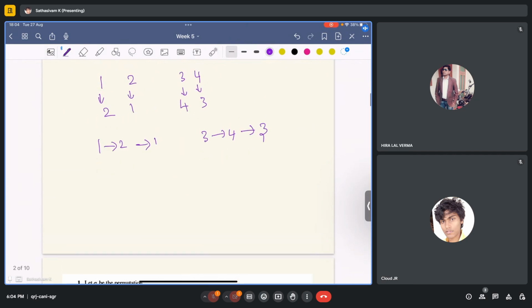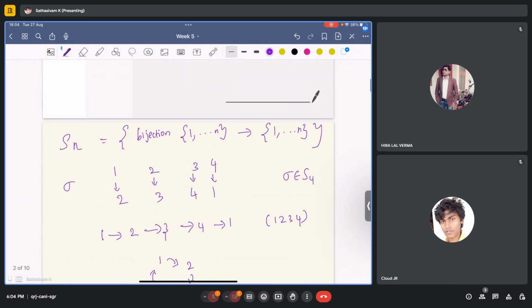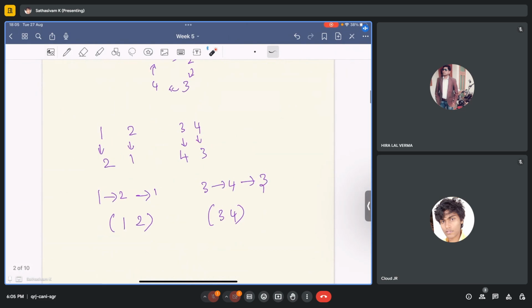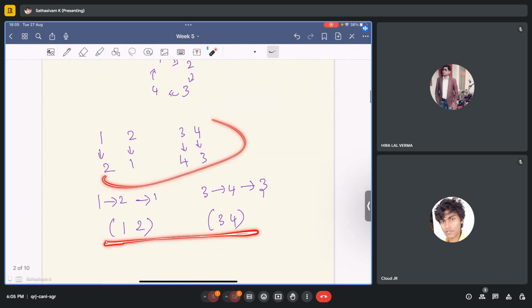So you can write it as cycles, (1 2), which means 1 maps to 2 and 2 maps back to 1, and (3 4). So if you have any permutation inside Sn, you can always give a cyclic decomposition.